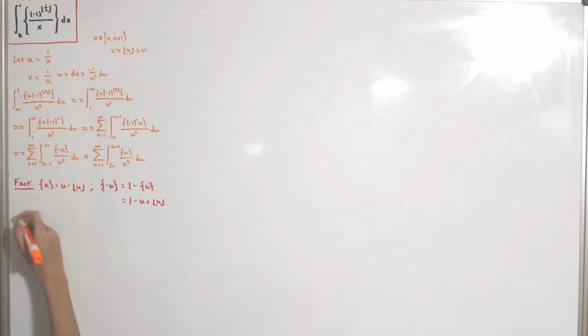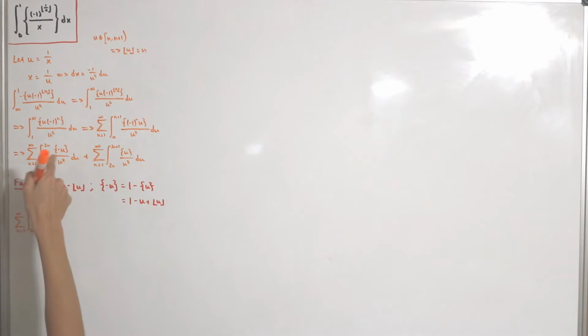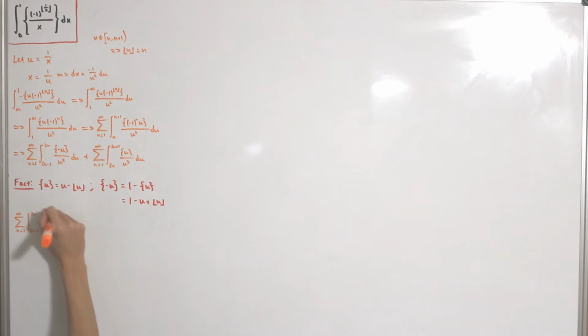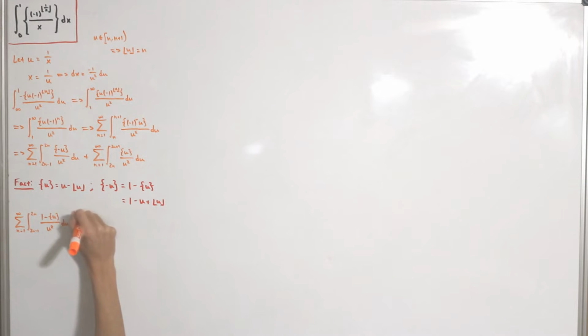So now we can rewrite this as the following. The infinite sum, n equals 1, with the same bounds from 2n minus 1 to 2n, of 1 minus the fractional of u over u squared du, and then add that with our other sum, which takes account of the evens.